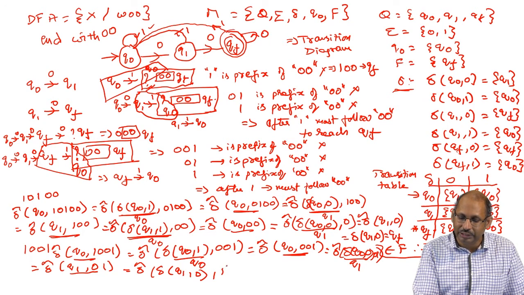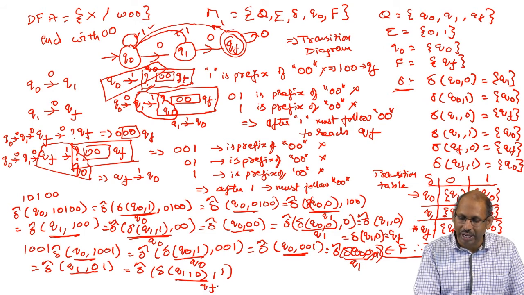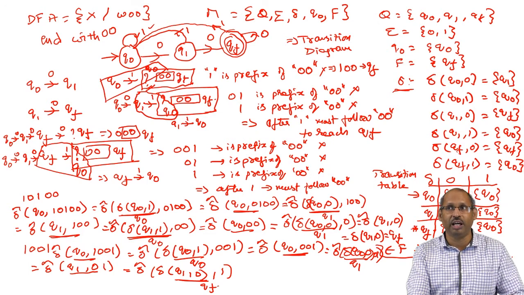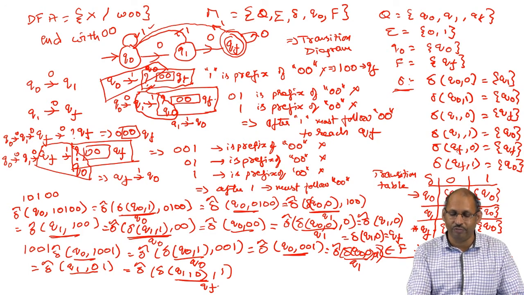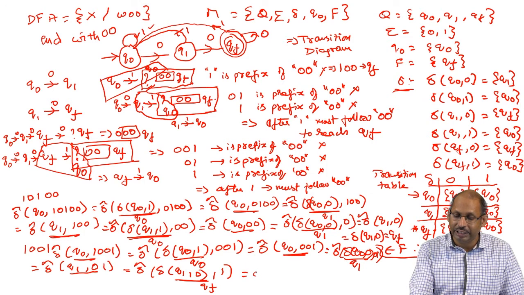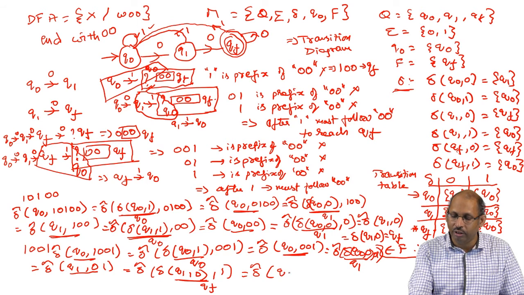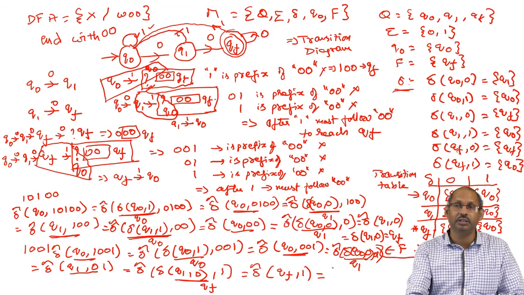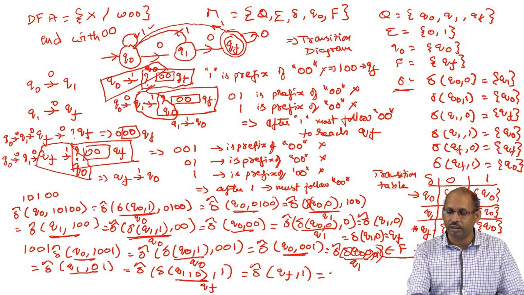So, what is the remaining symbol? It's 0. Q1 on 0 is giving Qf, from the transition diagram or the transition table. Now, for the string transition function, Qf on 1 we have to find. Qf on 1 is simply Q0.